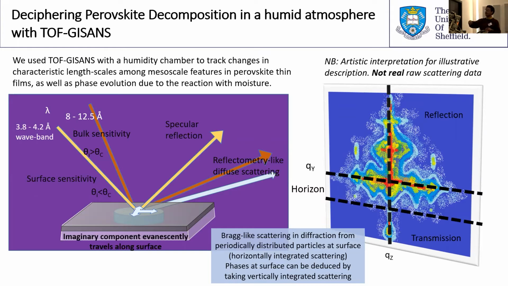This is just an artistic rendition because we didn't have raw scattering data, but to give you an idea of what the raw output looks like. Typically, it'll be split by the horizon, below which you basically have scattering from the transmitted beam directly. And that can be further split into a horizontal component in the QY and a vertical component in the QZ.